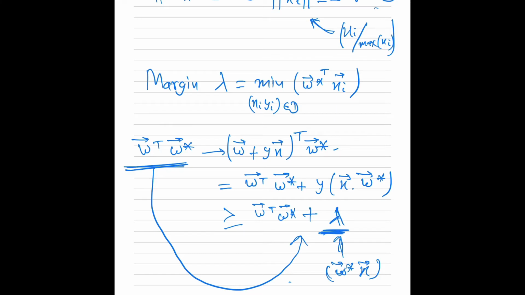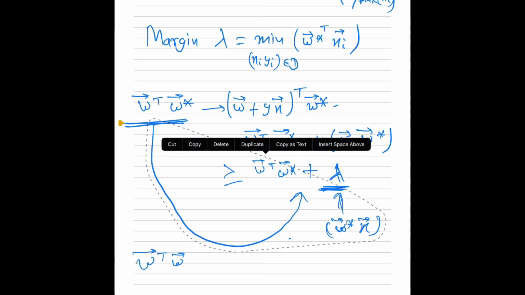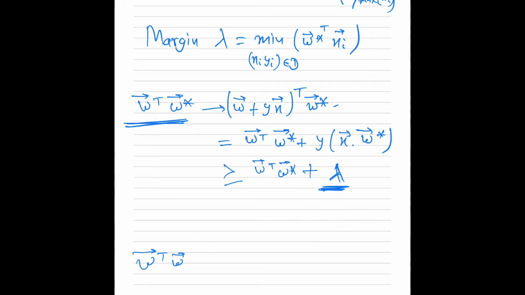Now we will see what happens to our w transpose w. We see our w transpose w star increases each time, but does that happen with w transpose w too?